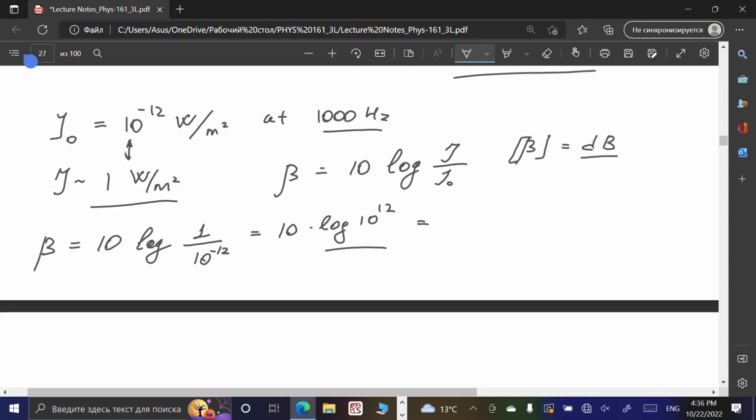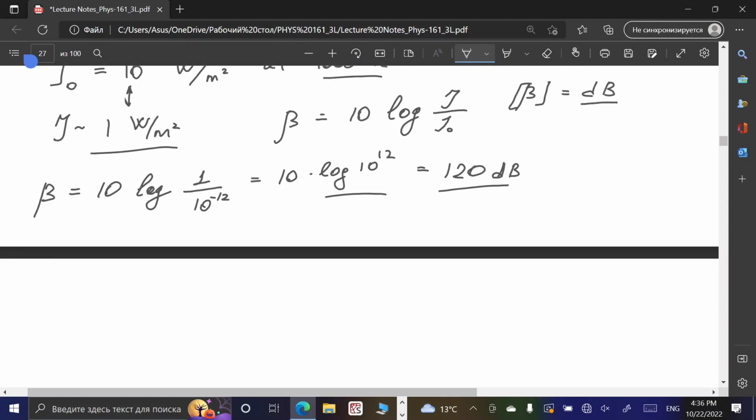Decimal log of 10 to 12 gives us 12. And 12 times 10 will be 120 decibels. So this is considered to be the maximum reasonable sound level which can still be normally detected by humans. Otherwise, if it goes higher, it is considered to be the so-called painful level.